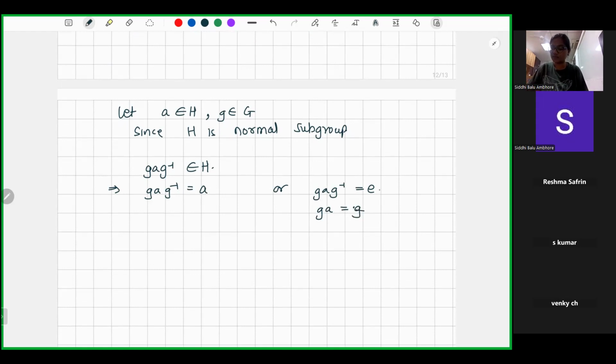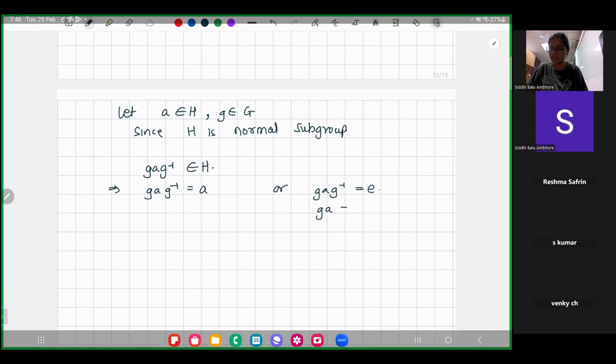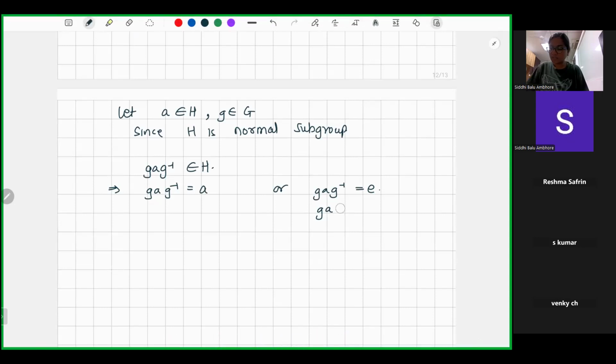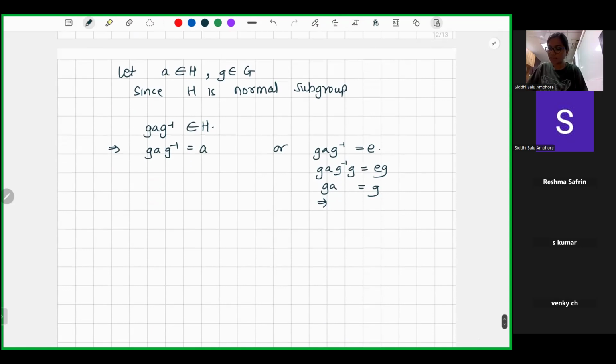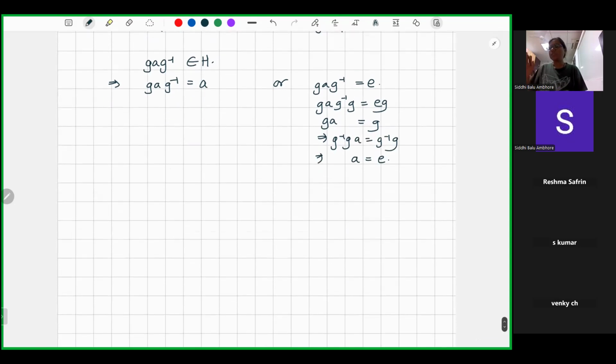And if G inverse is E, then GA is G. What I'm doing is, let me just write this explicitly. G inverse G is equal to E G, and this will be GA is equal to G. But again, I can pre-multiply by G inverse, and it will be G inverse GA is equal to G inverse G, and this will give me A is equal to E. So that's not a problem. A is equal to E, very well.